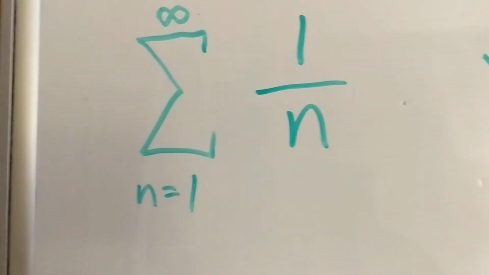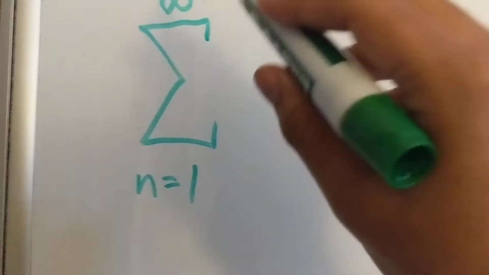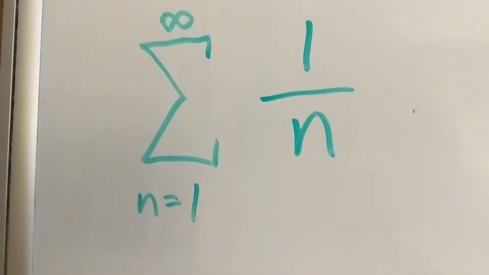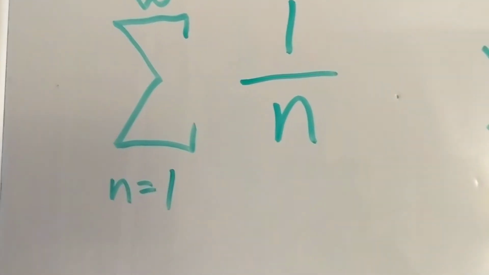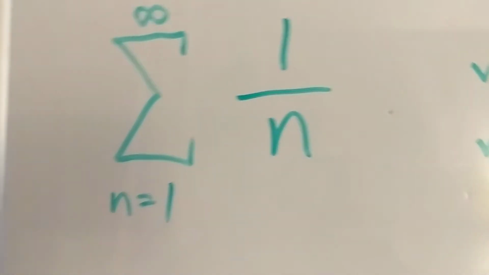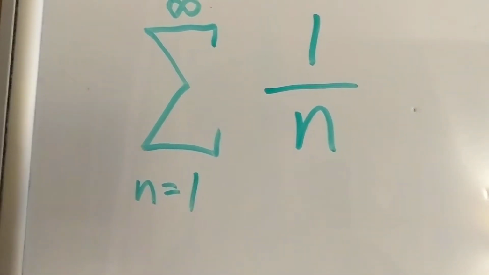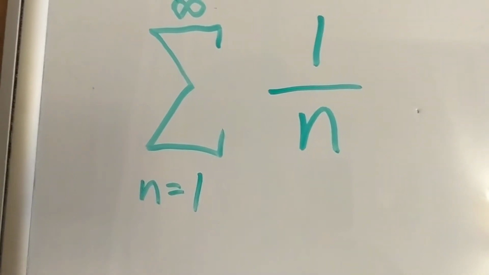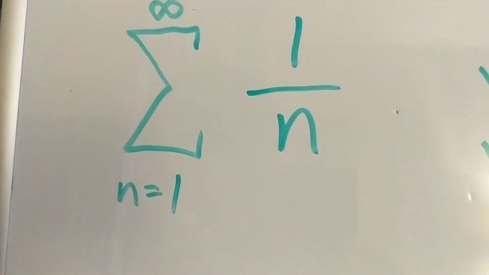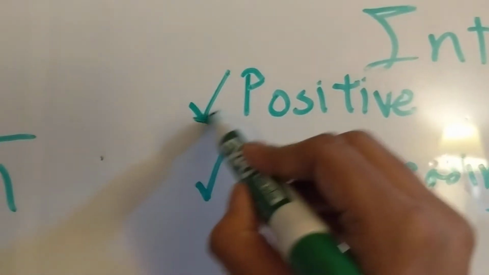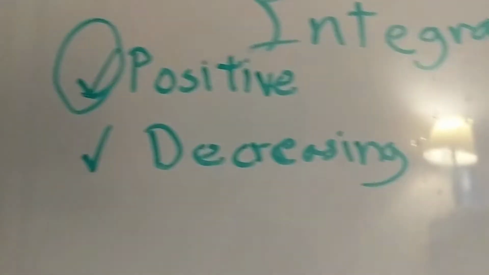So positive: from n equals 1 to infinity, will 1 over n be positive? Yes, it will. 1 over 1 is positive 1. And if you take a really large number like 1 over 500 million, you get an extremely small value, but it's still positive. So it does check off positive.